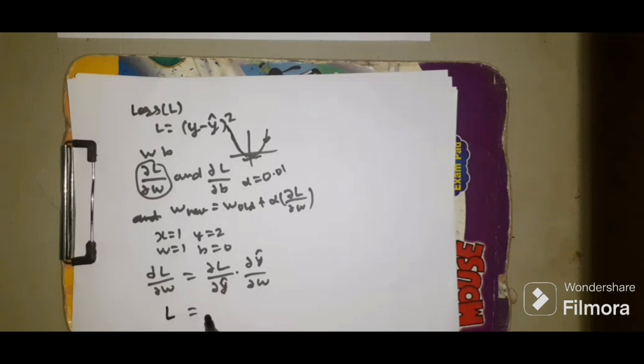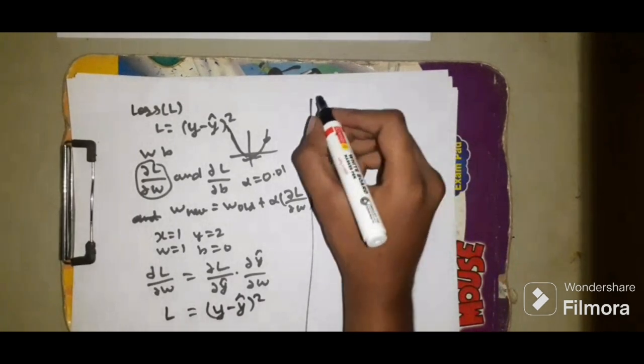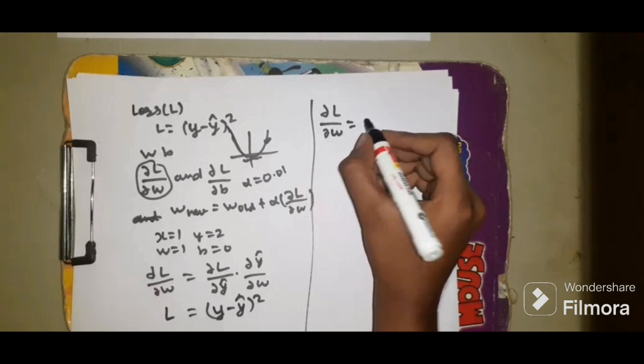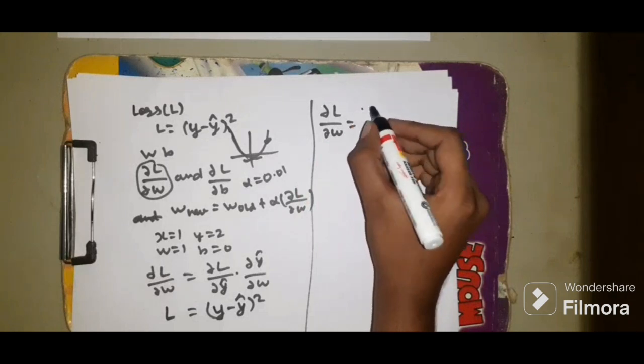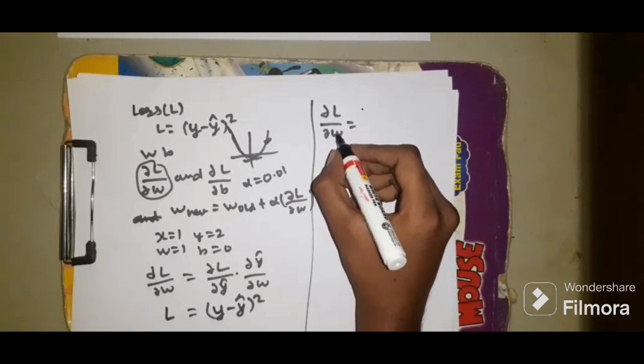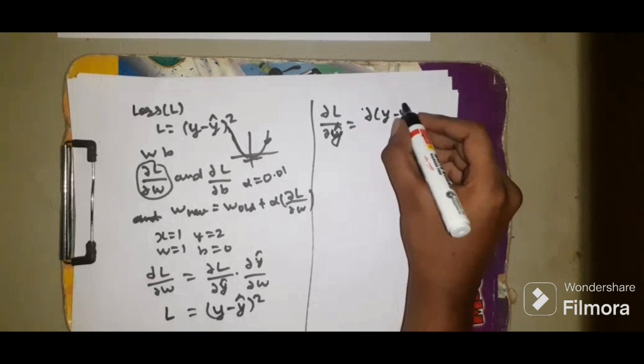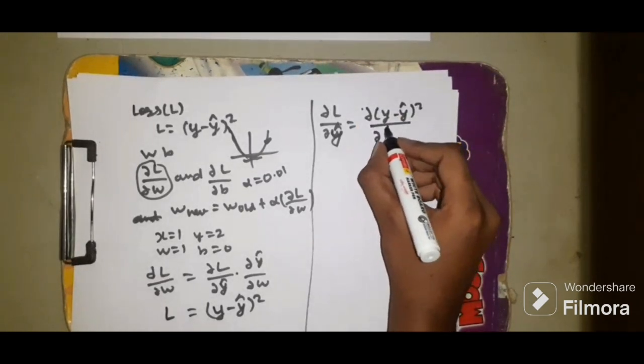Let's calculate the loss. We are not calculating the loss, we are calculating the derivative of the loss with respect to the weights, and the loss we are taking will be y minus y hat whole square, and the derivative will be with y hat, derivative of y minus y hat whole square with respect to y hat.